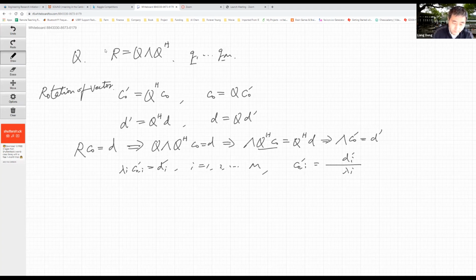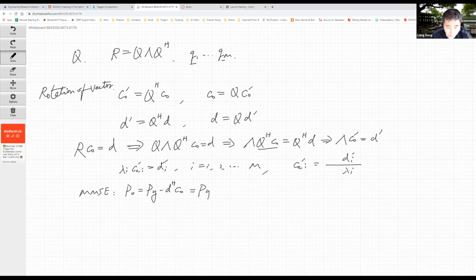Therefore, the minimum mean square error can be calculated as P0. We know that's Py subtract D Hermitian C0.